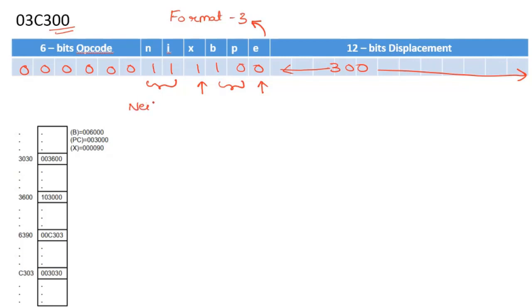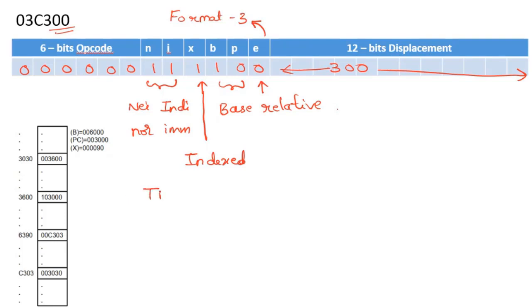This is neither indirect nor immediate, right? X value is equal to 1 means which addressing mode? It is indexed addressing mode. Now B value is 1, P value is 0 means what? This is base relative addressing.